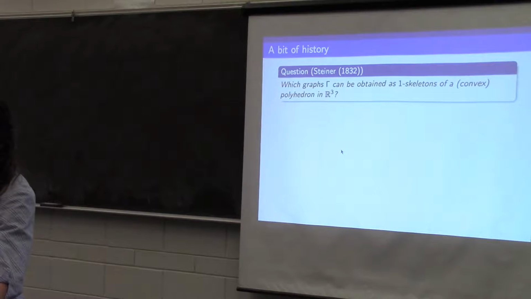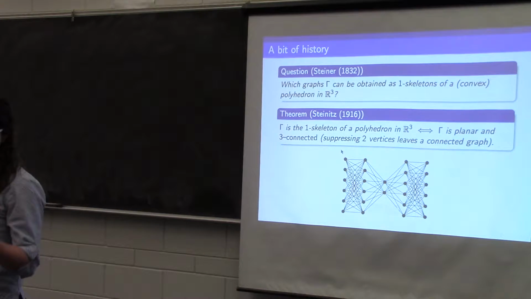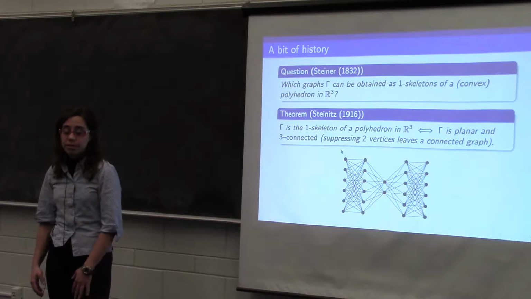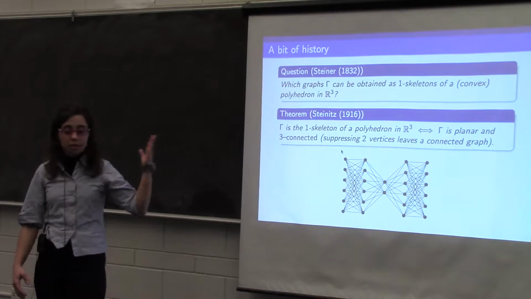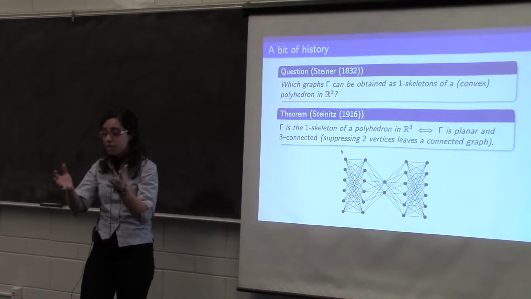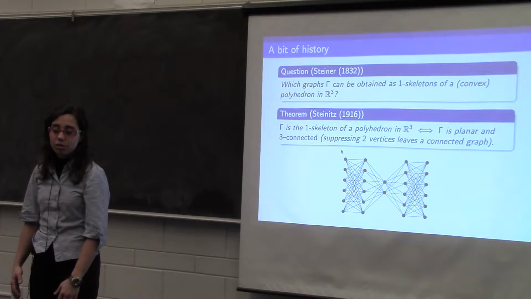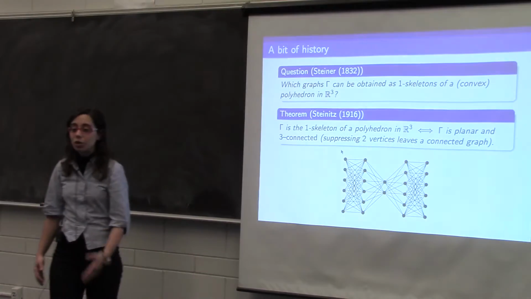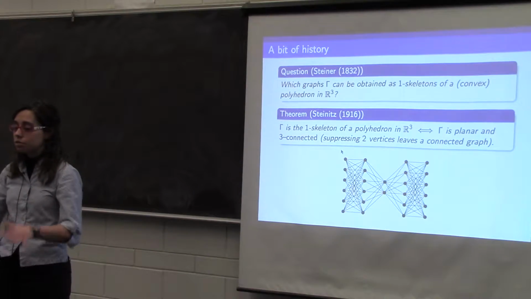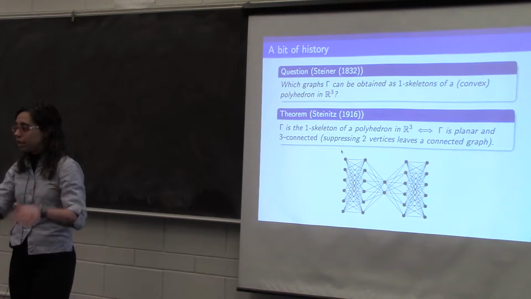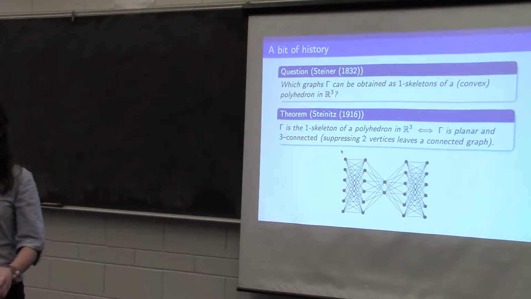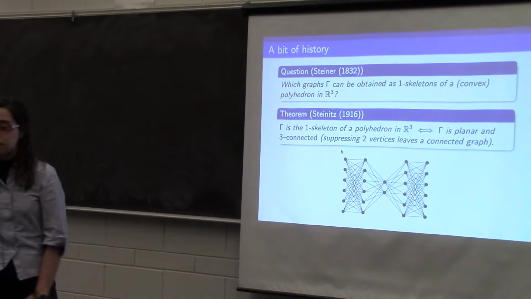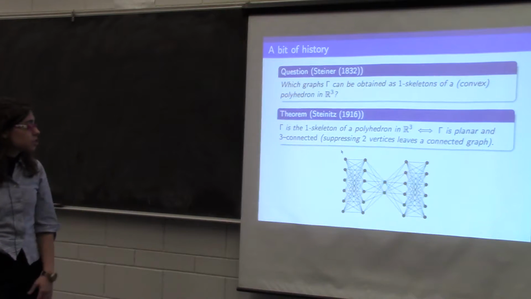The full answer arrived almost 100 years later, when Steinitz proved that a graph is the one-skeleton of a polyhedron if and only if it's three-connected and planar. Planar means that you can embed it in the sphere, and three-connected means that if you remove two vertices, it stays connected.